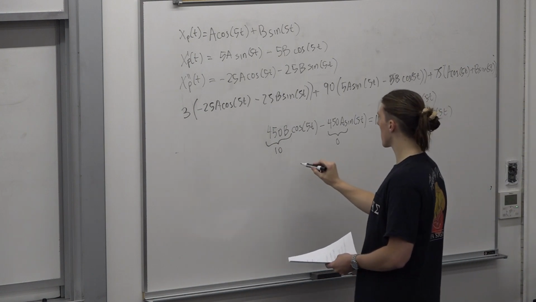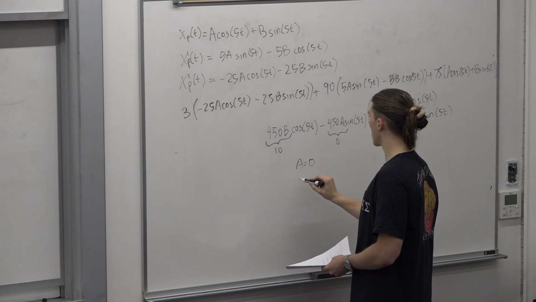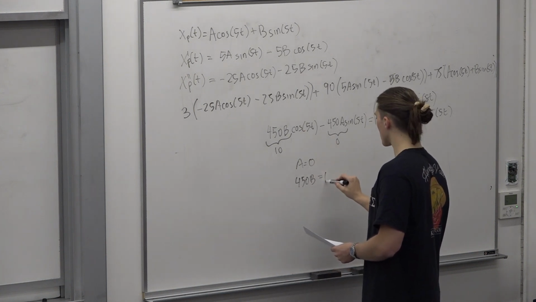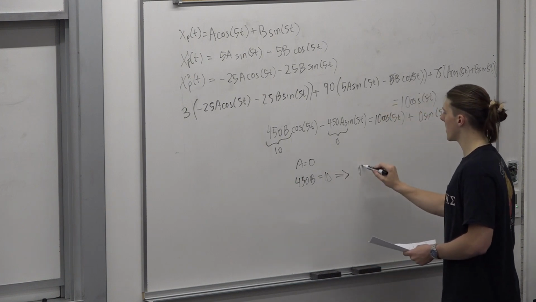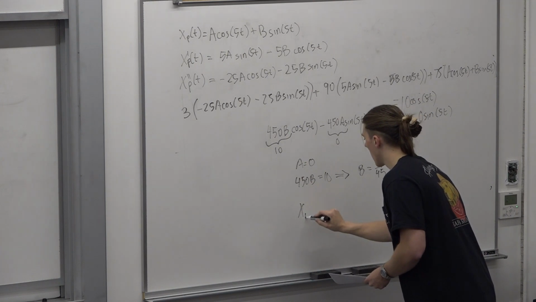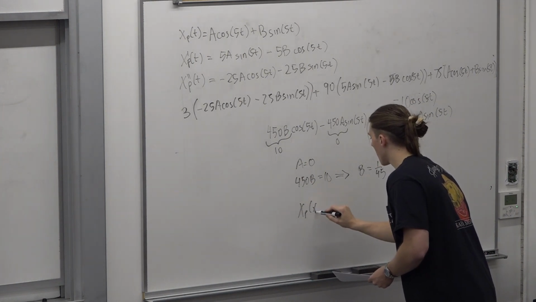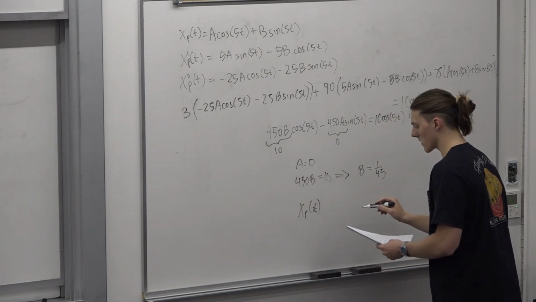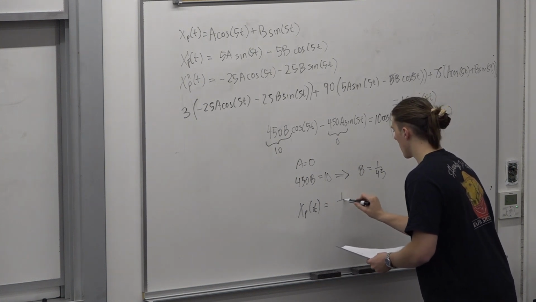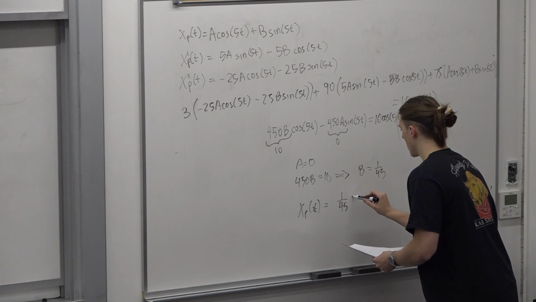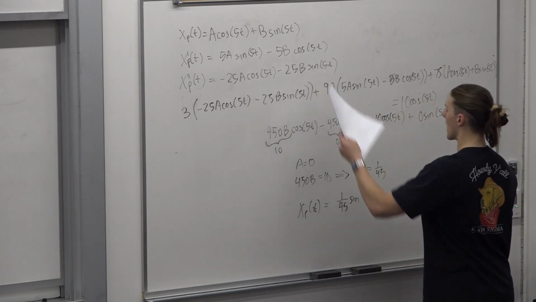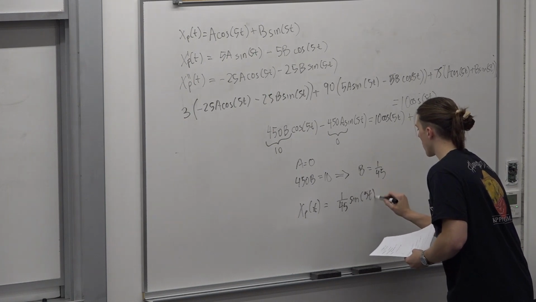So we set this up. First of all, we know a is 0, and we know 450b equals 10. That means b is 1 over 45, and we have our particular solution for this problem, which is 1 over 45 sine 5t.